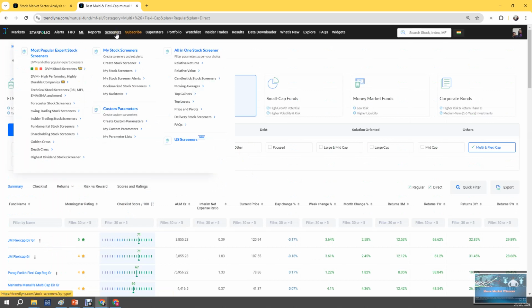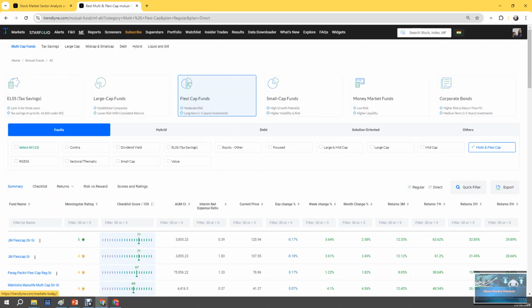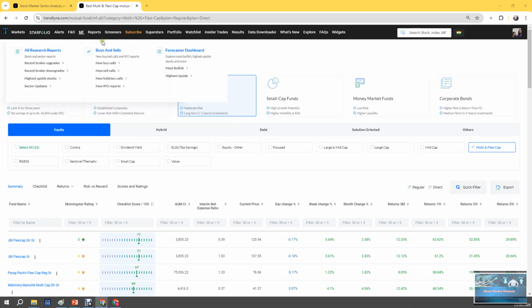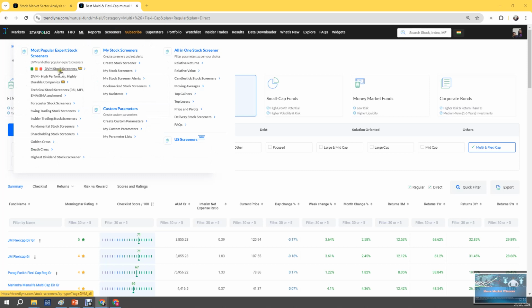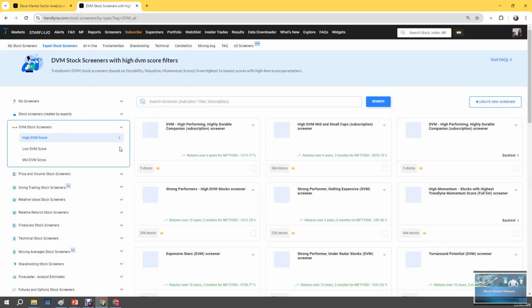But as far as what I've seen from this tool, there are very good DVM reports that you can get from the screener. If you select the DVM stock screener, it will have multiple other reports under which you can generate reports.